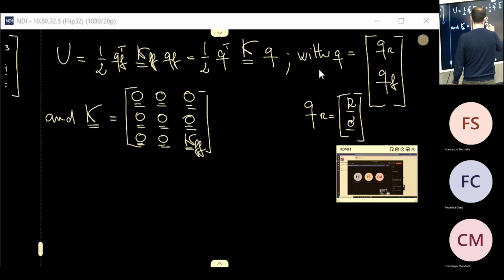And this is not anymore the structural stiffness matrix, but this is the stiffness matrix.